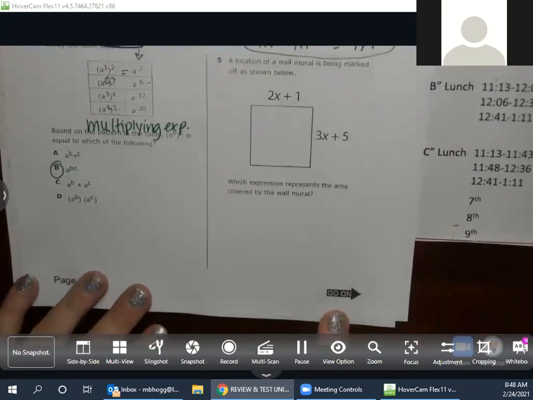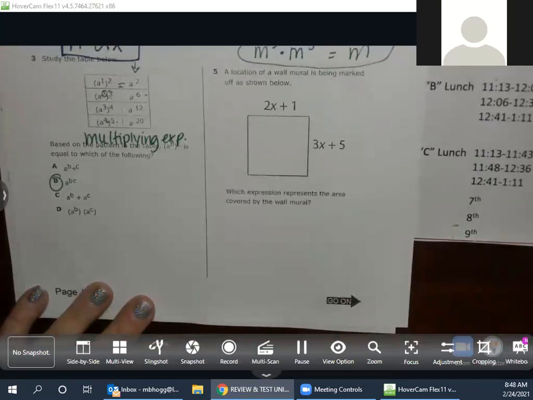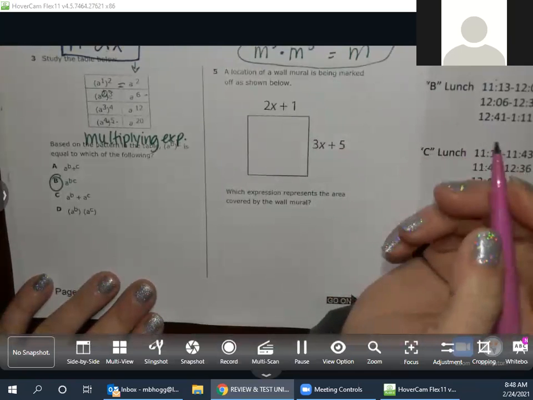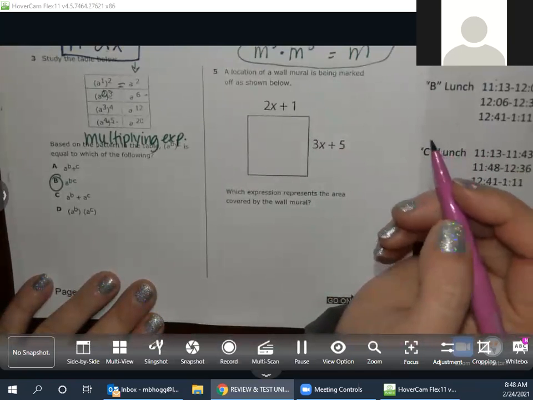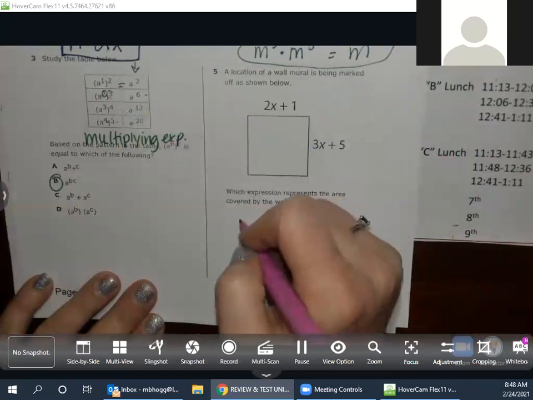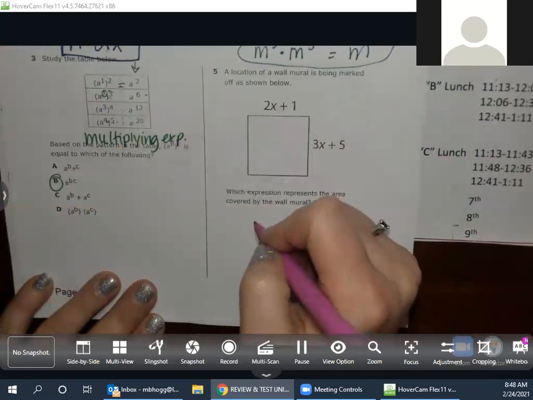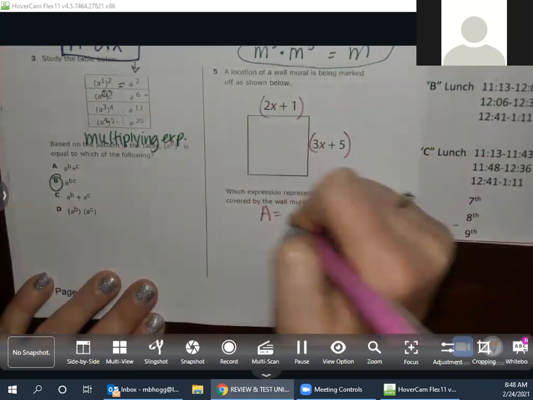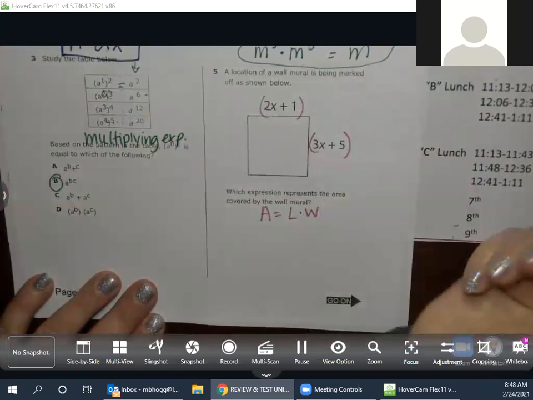Okay, number 5. This is a wall mural, and they have the length and the width. They want to know how would you get the area? You don't have to answer the area, but just how would you get it? Which expression? You've got to multiply them, because we know area equals length times width, right?